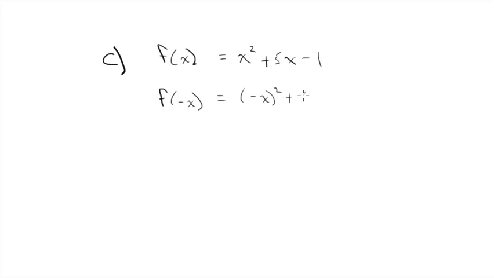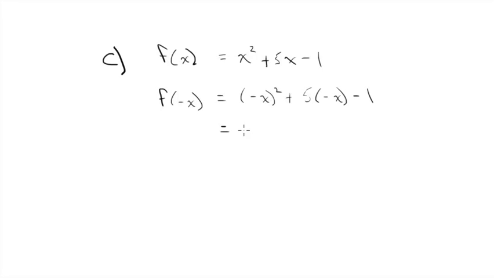Let's just do one more example. You can probably guess which type this one's going to be. Let's go back to f. So x squared plus 5x minus 1. Again, we'll evaluate it at negative x. So negative x squared plus 5 times negative x minus 1.